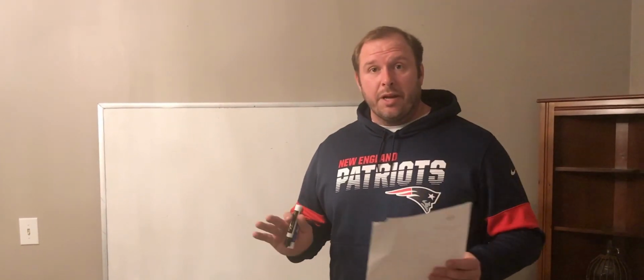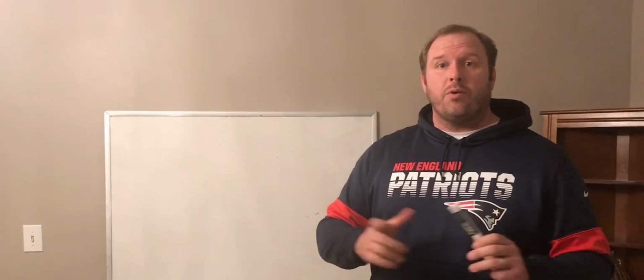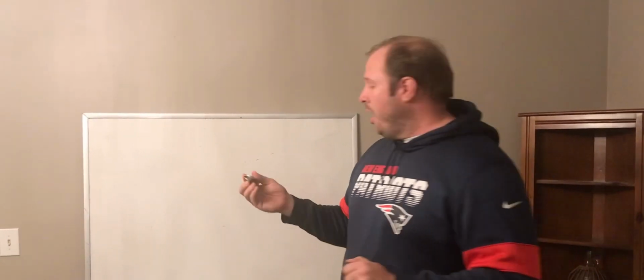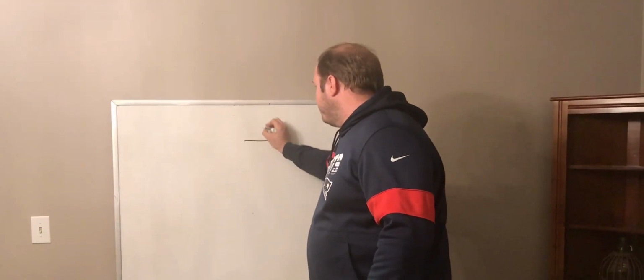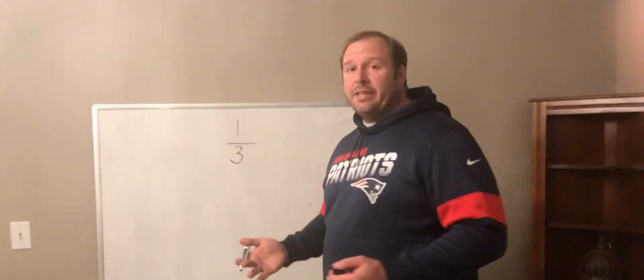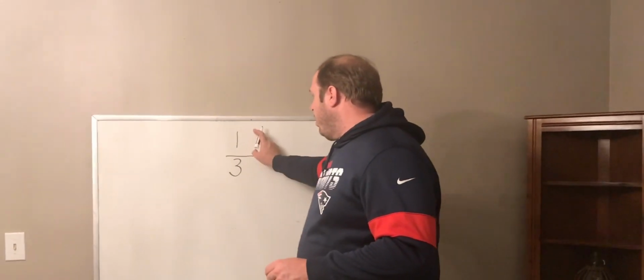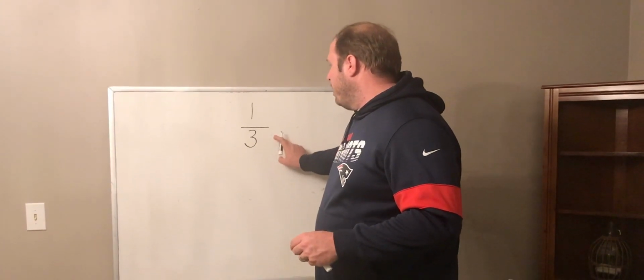But the thing we're going to go over today is fractions on a number line. Before we do that, I want a quick reminder of a fraction. A fraction is a part of a whole. In this case, what we're looking at is 1 part of a third.